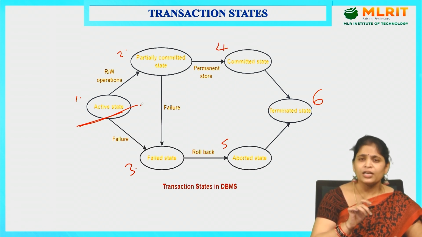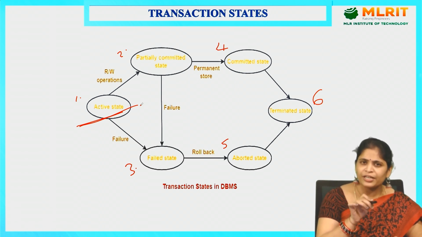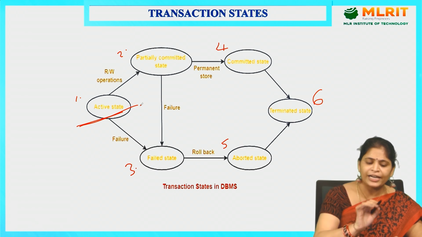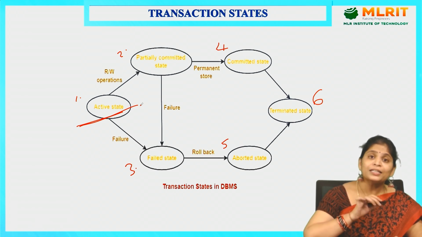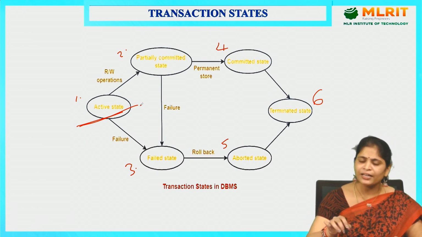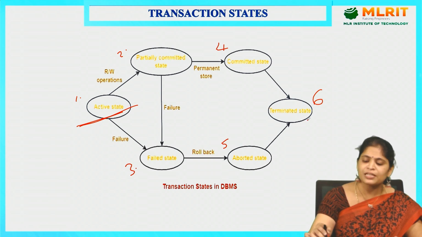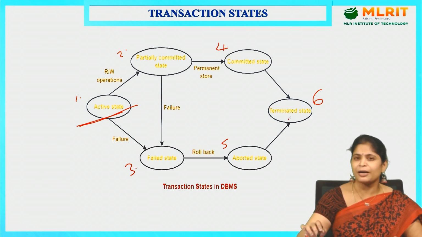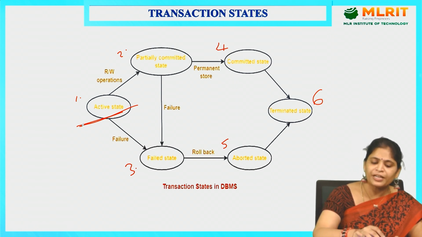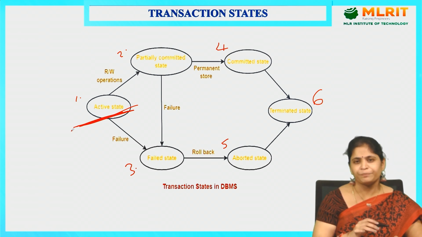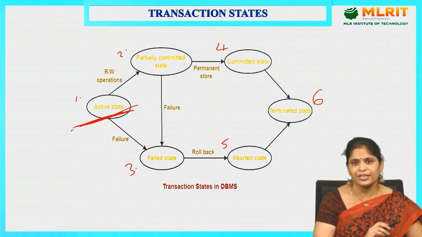Whenever I read the data, that comes under the active state. Till the end, meaning till terminated, the transaction will be in the active state. This is the initial state.